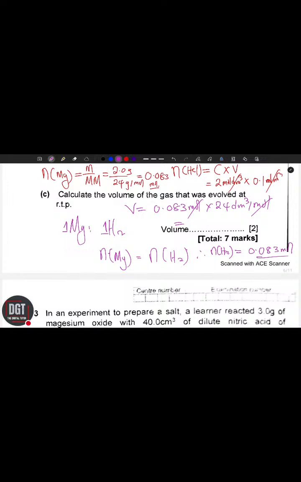What are we able to find as a volume? 0.083 multiplied by 24. I'm able to find 1.992 decimeter cubed, which is just the same as 2 decimeter cubed.